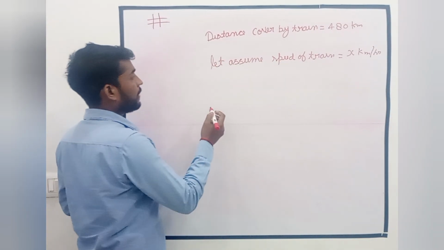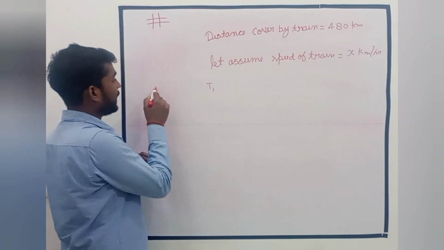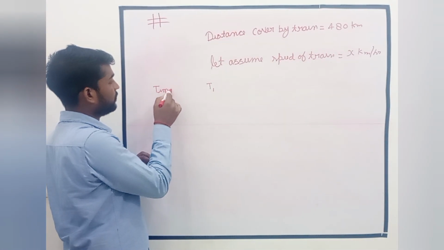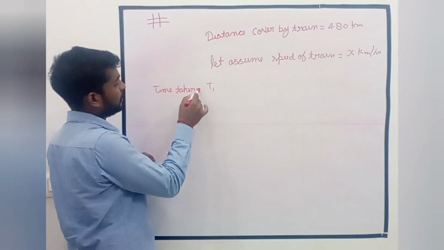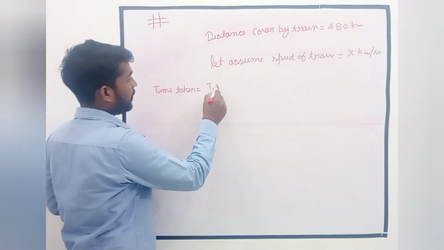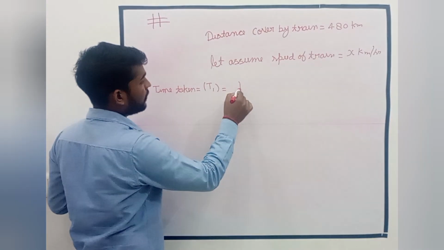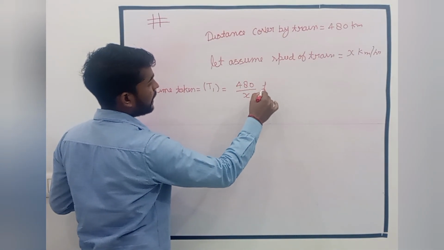We calculate the time taken, T1, to cover the distance. T1 is equal to 480 upon x, in hours.